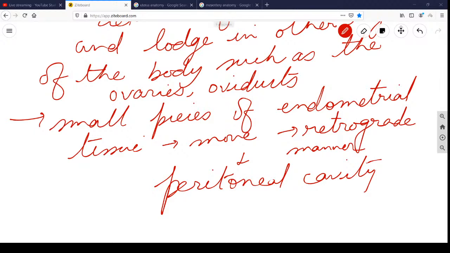Now this condition can be very painful because the displaced tissue, which is responsive to steroid hormones, will expand. Steroid hormones are estrogens and testosterone, and they are present in our blood. It will expand and bleed during each menstrual cycle, so you have bleeding from various parts of the body.